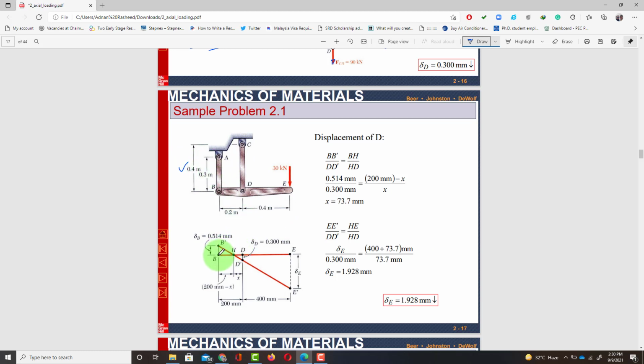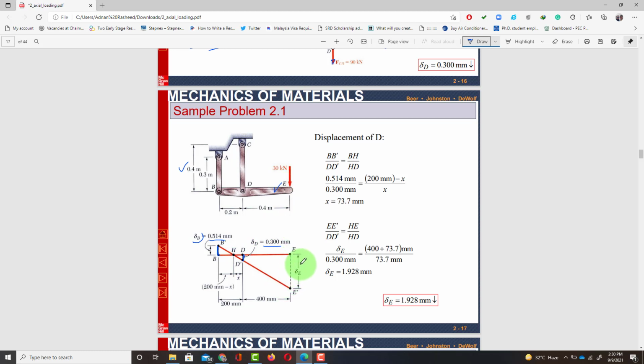You can see that this BE is the total length of this rigid bar, and this is point B. Now you have noticed in the previous solution for the deflection of link AB that the deflection there was negative, which means there is compression, and that was 0.514. Similarly at point D you have noticed that there is a deflection, and that is positive, which is 0.3.